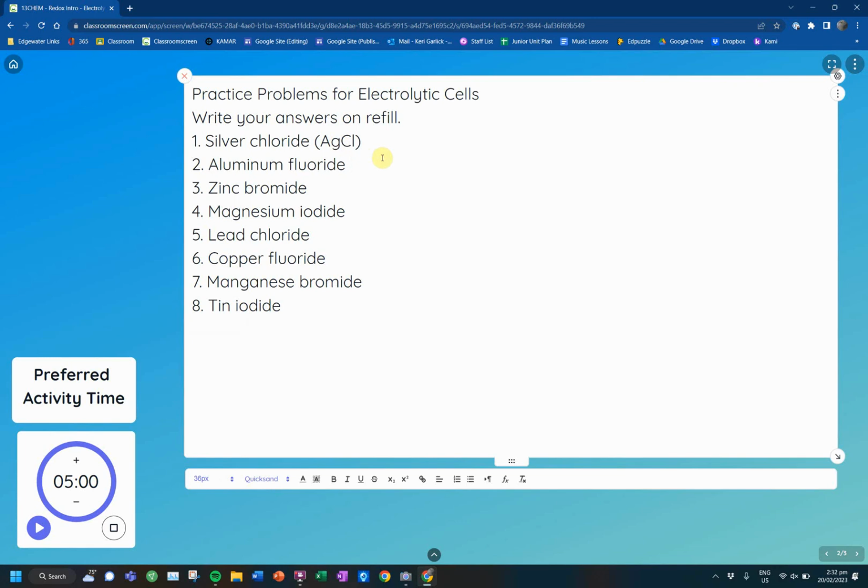AgCl, aluminium, AlF3, ZnBr2, magnesium iodide is MgI2, lead is PbCl2. Just be mindful those twos are supposed to be subscripts. This program doesn't allow me to do that. MnBr2. Tin is Sn. And I can't remember if it's a positive 3 or positive 2.